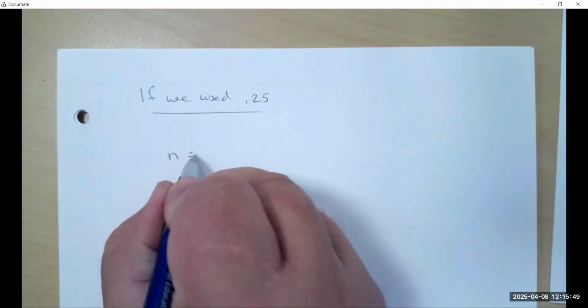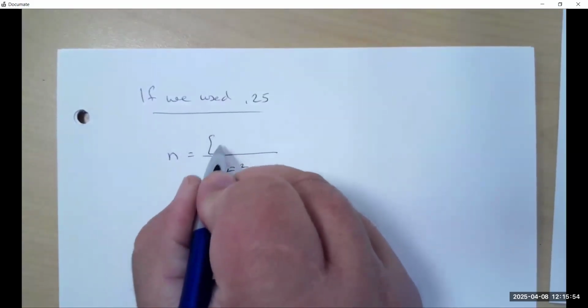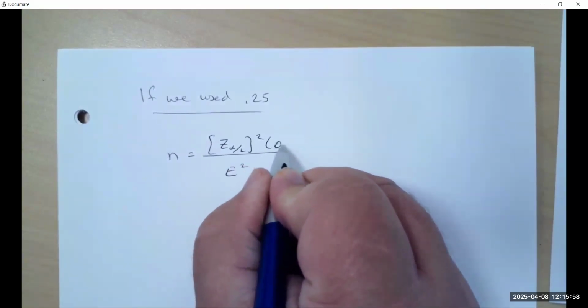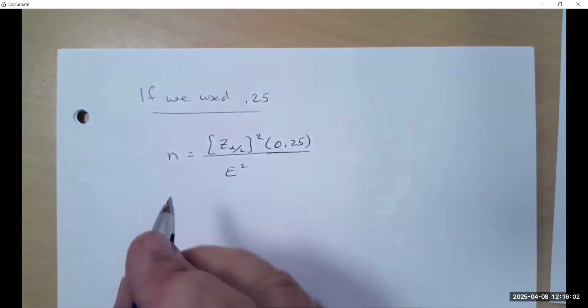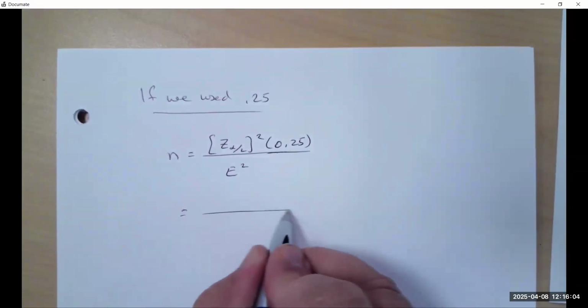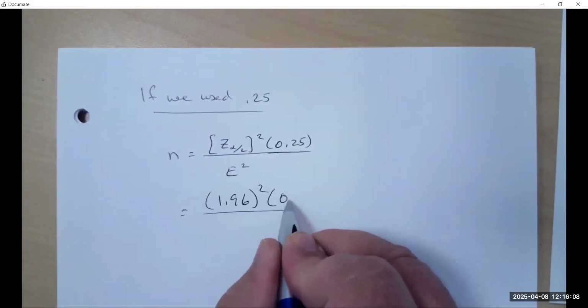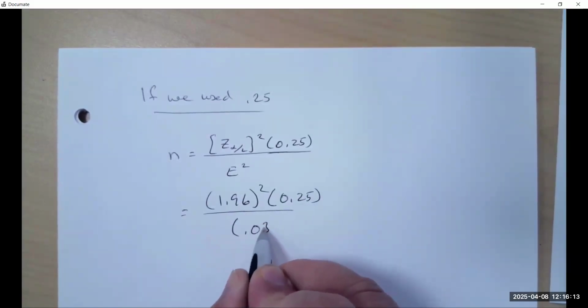So the sample would be the Z-score, 1.96 squared, 0.25, 0.03 squared.